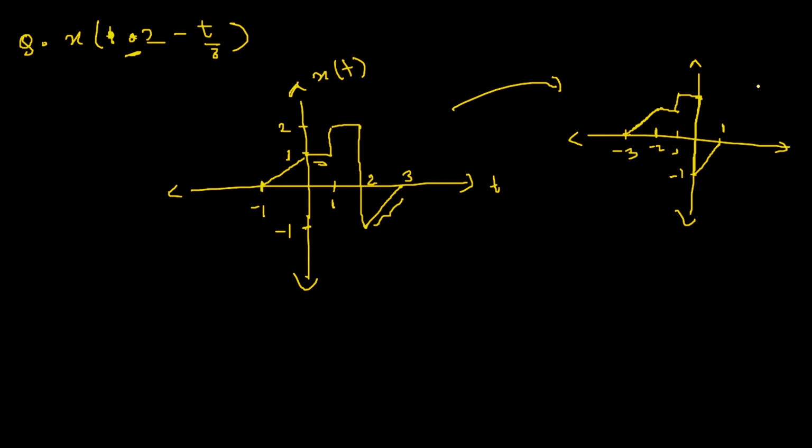It stops at 1. So this is 1, this is 2. This is the graph for x of t plus 2. Now we have done 1/3 of the question successfully, which is time shifting. The next operation that we should do is time scaling. I hope all of you have drawn this graph because I will be going to the next page.